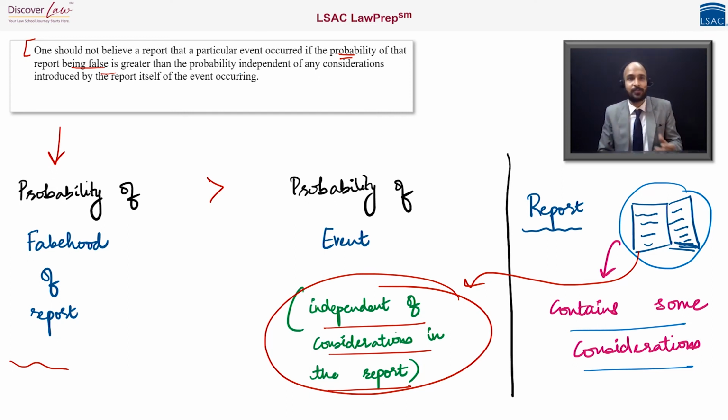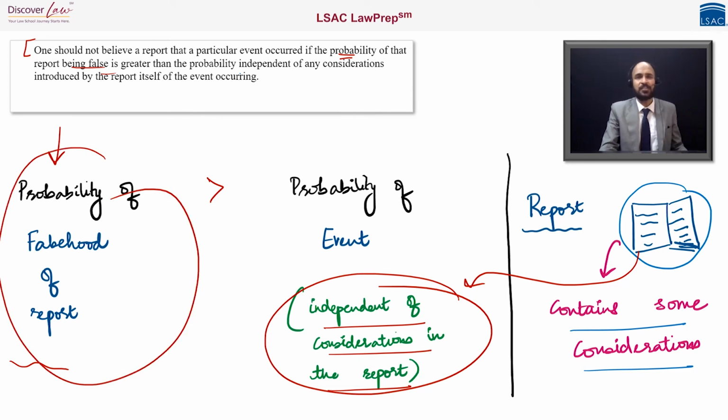Let us say there's a report and the chance of that thing being false is maybe 10%. So they say there's a 10% chance that the report is false, and then you look at the probability of the event aside of all these considerations given in here.